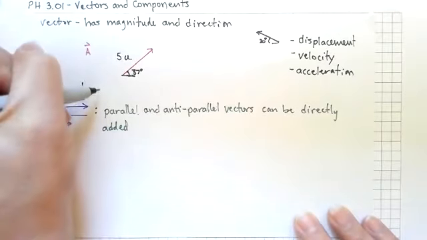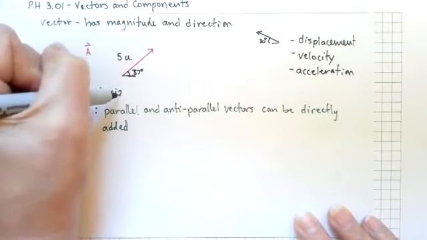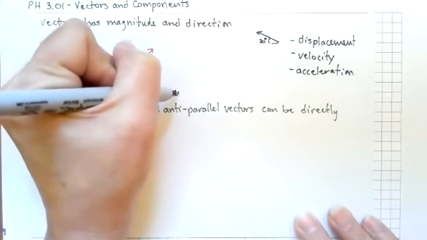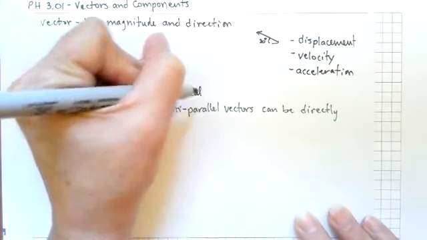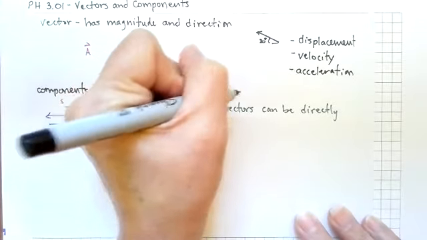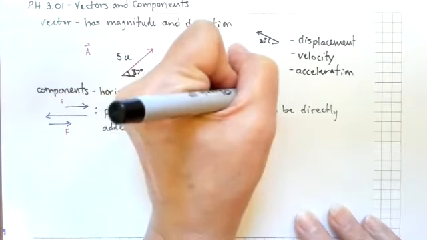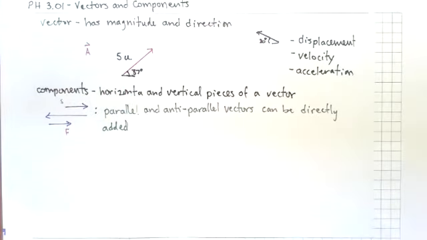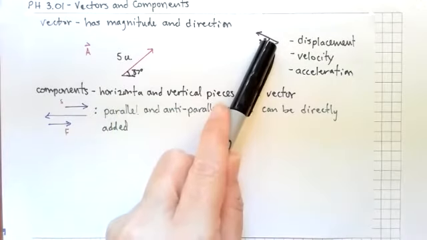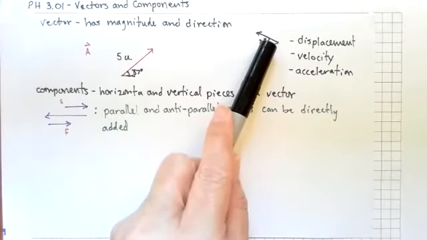Components are the horizontal and vertical pieces, I guess you could say, of a vector. So this vector A has components. If this was vector B, it has components.